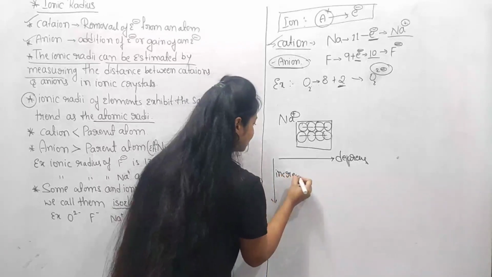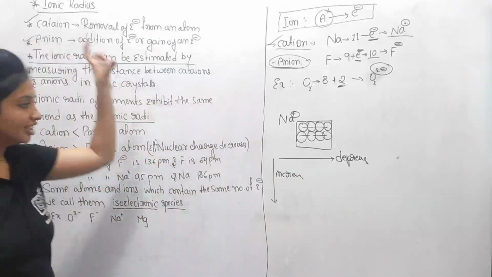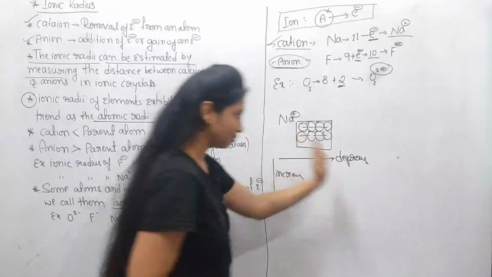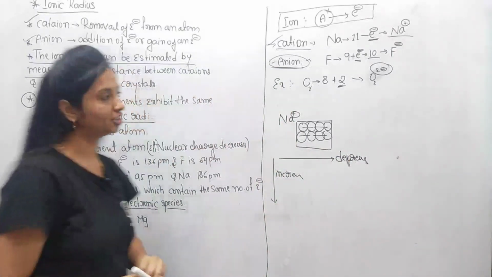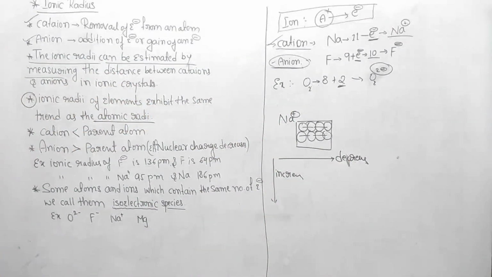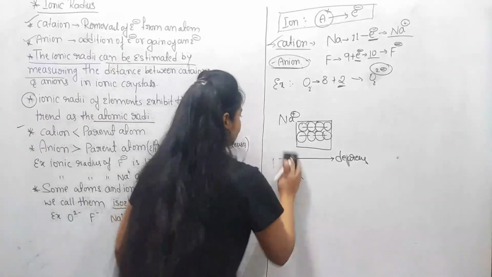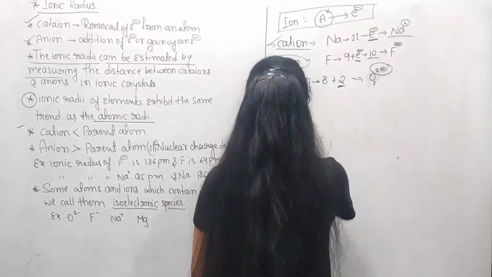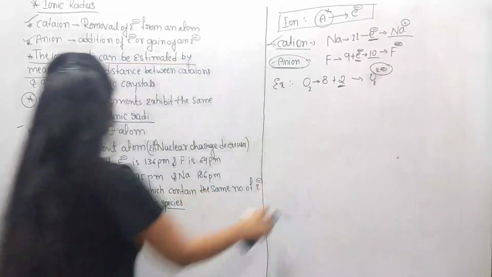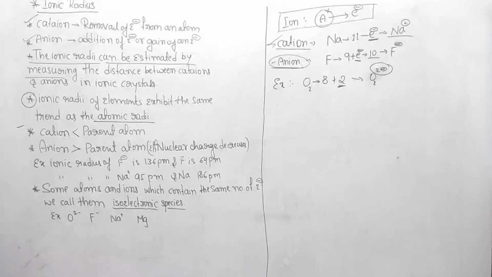Like this, the ionic radii also decrease along the period and increase down a group. Just remember the point guys. And next, a cation is always smaller than the parent atom.